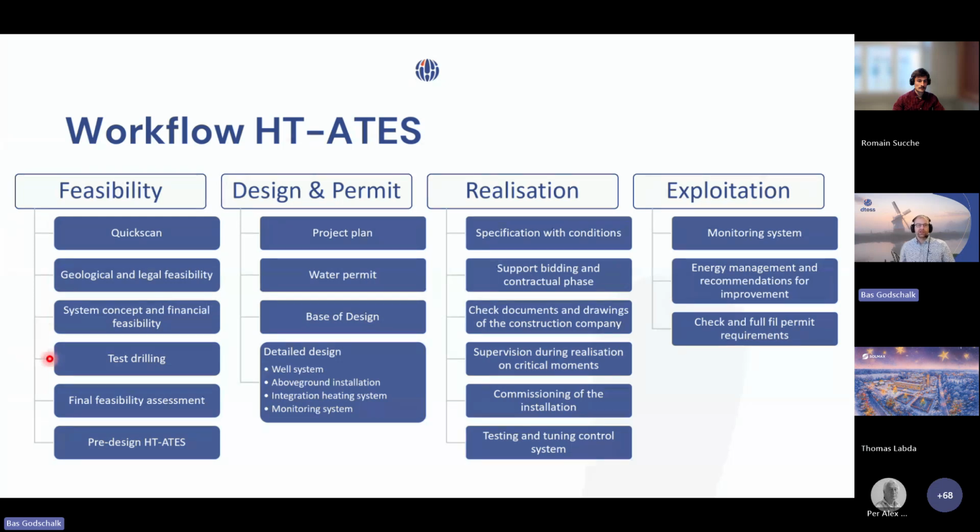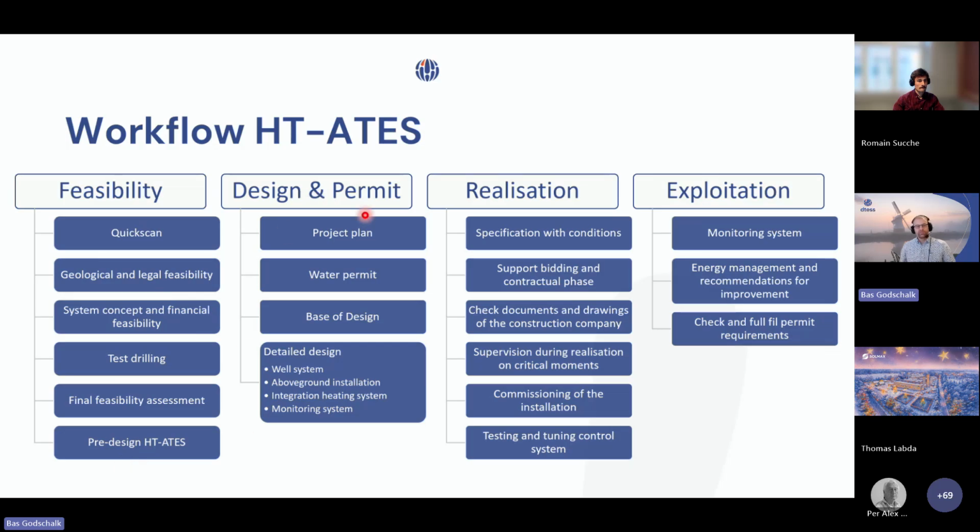We do a test drilling to take away some of the construction and also exploitation risk and to get better design parameters for the next phase. Then, of course, we will update our first initial study, and then we move on to the design phase.